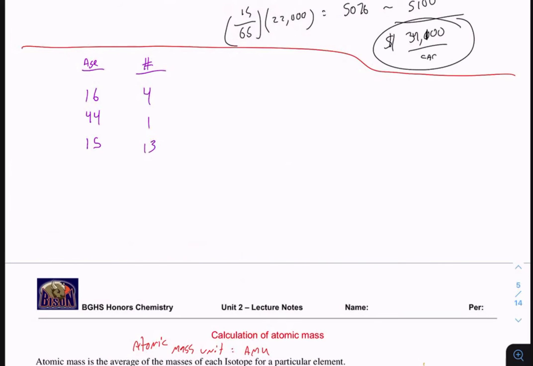What did I say the first thing you must do is? Yes, establish your abundances. So, how many total people are in this room? So we're talking about 28 people.